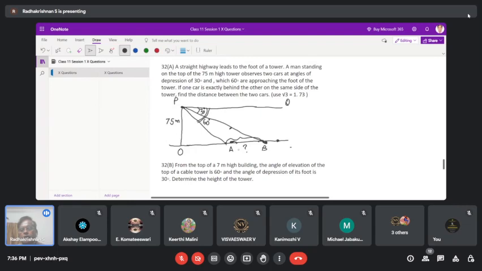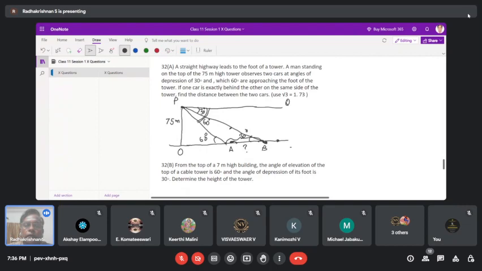Can you determine angle A or B? Angle A is 60 degrees and angle B is 30 degrees, sir. Right, very good. These are alternate angles, formed when a line cuts across two parallel lines. So this is 30 degrees, this is 60 degrees.